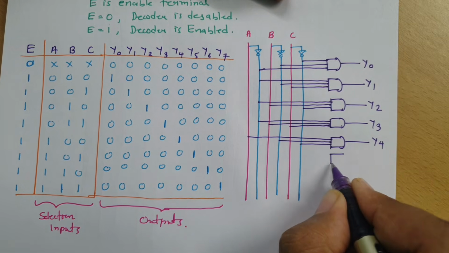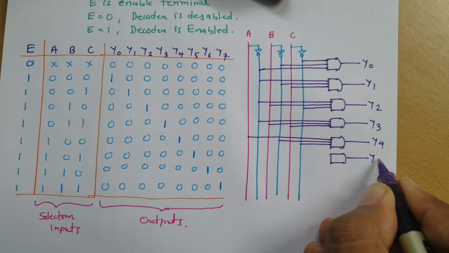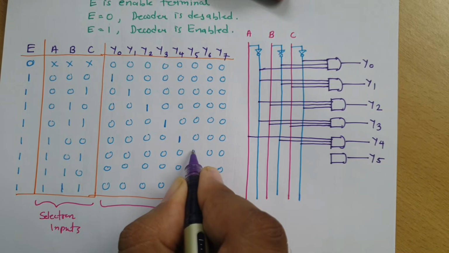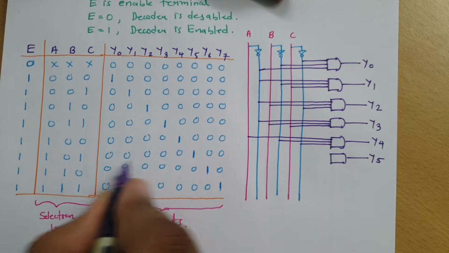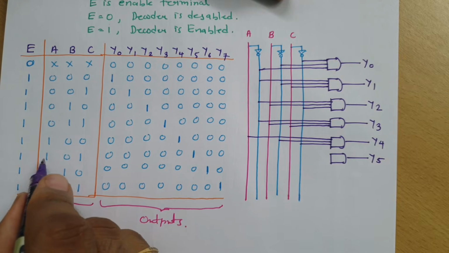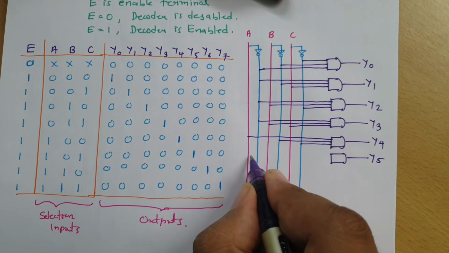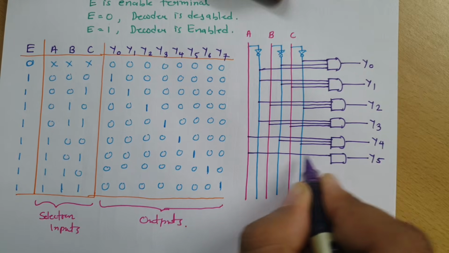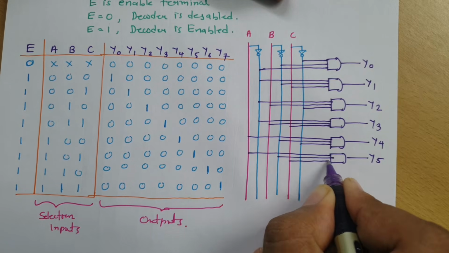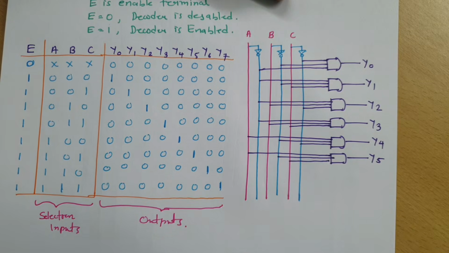For Y5 decoding, Y5 is 1 where ABC is 1 0 1, so A, B bar, C. So here this is A, this is B bar and this is C. That is how we decode Y5.